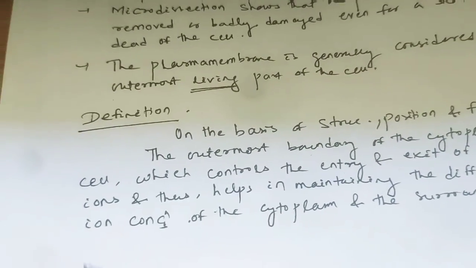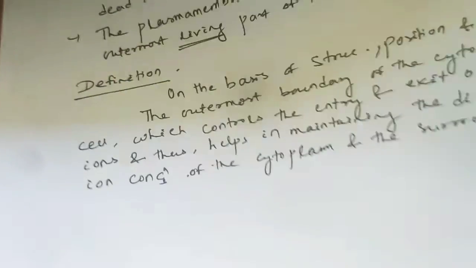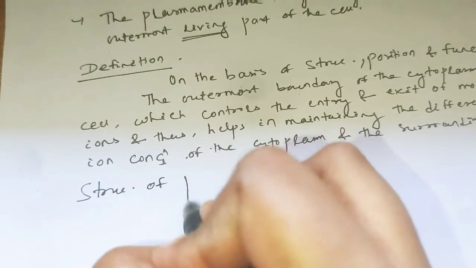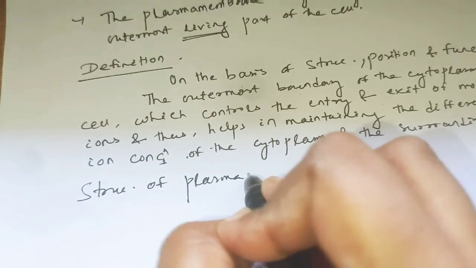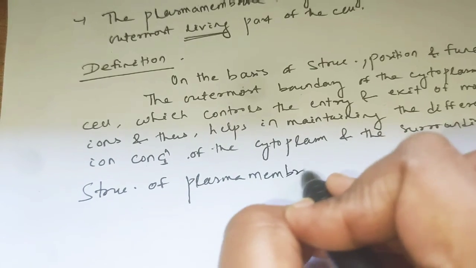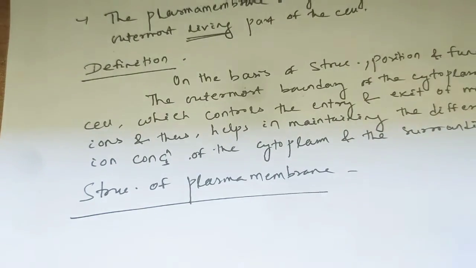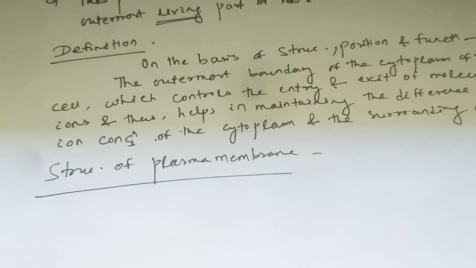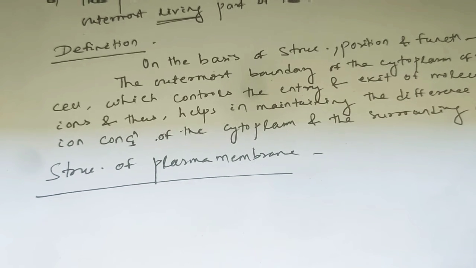Here, the structure of the plasma membrane. It is a living, ultra thin, flexible, porous and also semi-permeable structure.